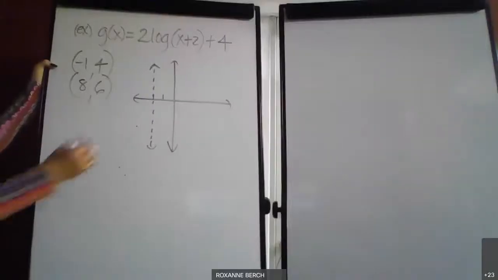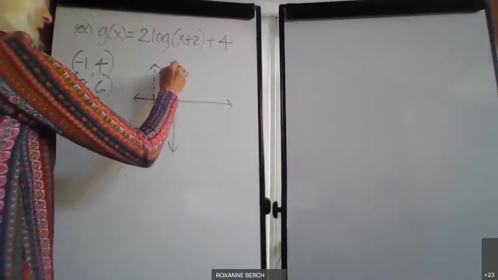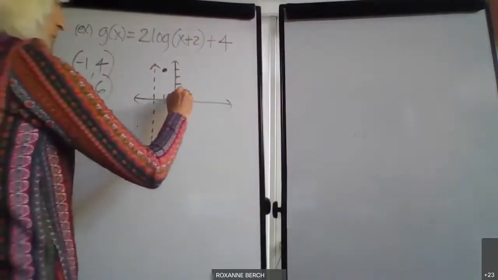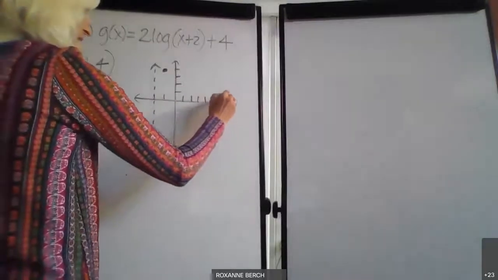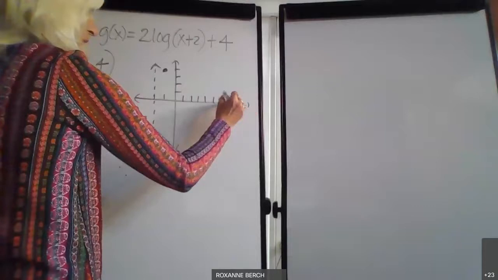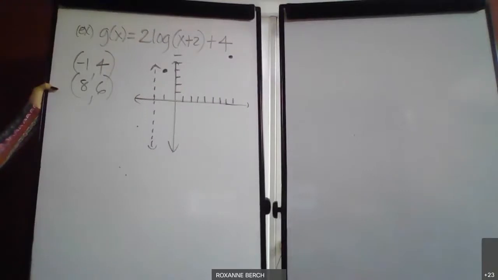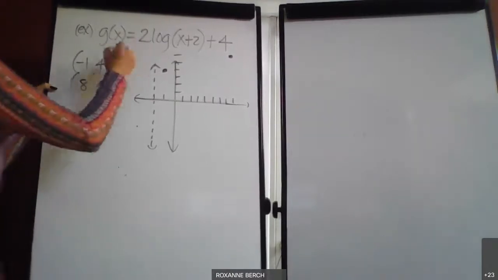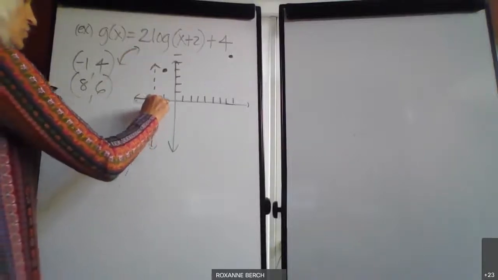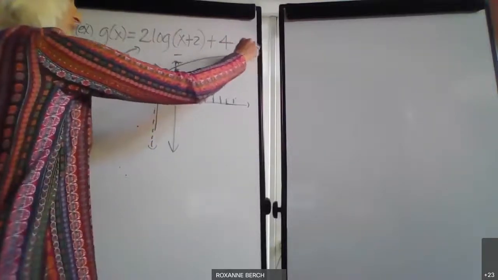All right, so we go left 1, up 4, and we go right 8, up 6. 1, 2, 3, 4, 5, 6, 7, 8. And there was no reflection. It was just left, vertical stretch, and up. So this graph is still running up along the asymptote. So you just run the graph along the asymptote.